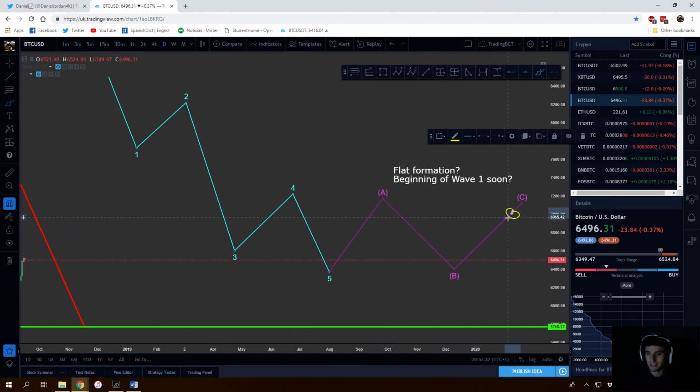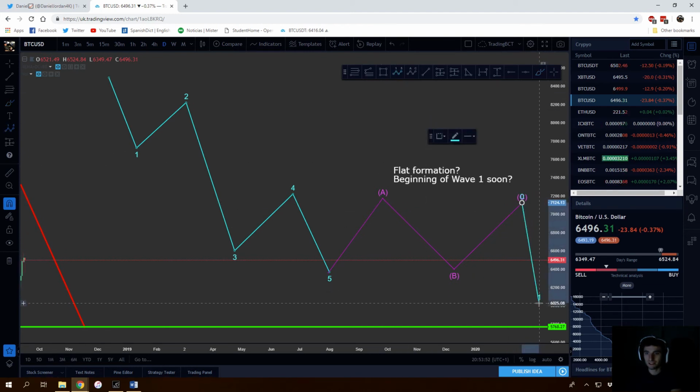It very much looks like we are forming a flat formation, where we are foreseeing wave 1 continuing down here, a very strong wave 1 down, 2, 3 for example, etc. We would then be hoping for our impulse wave 1 down after we've finished our ABC correction.